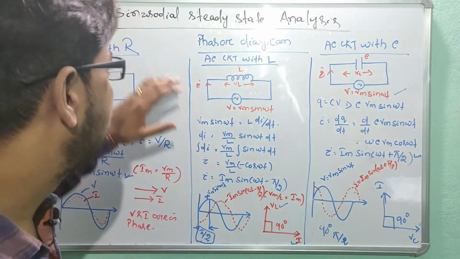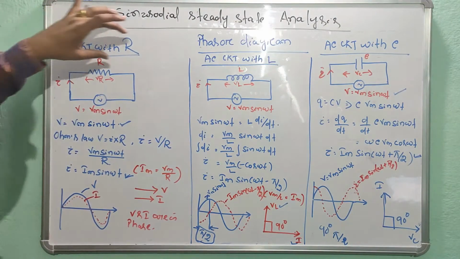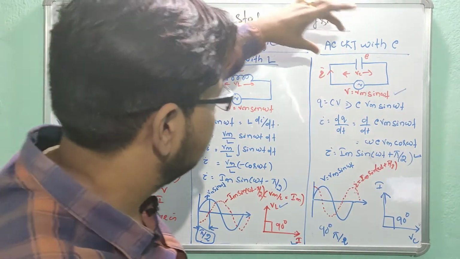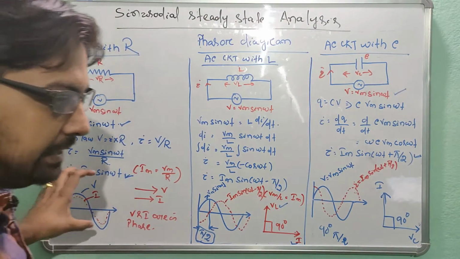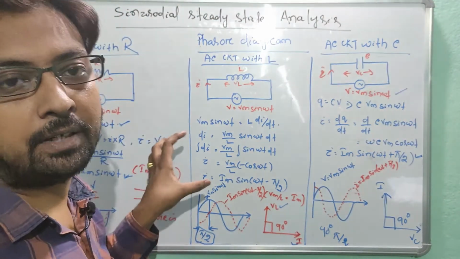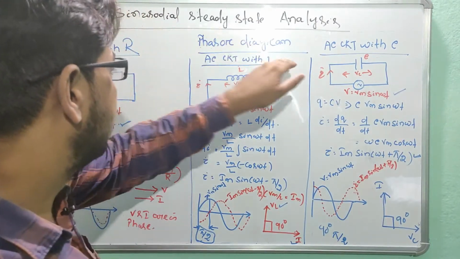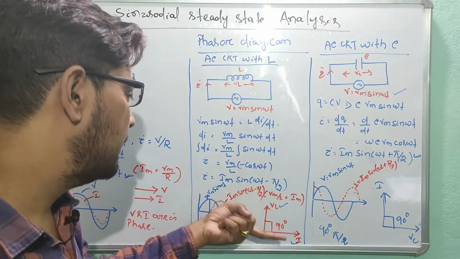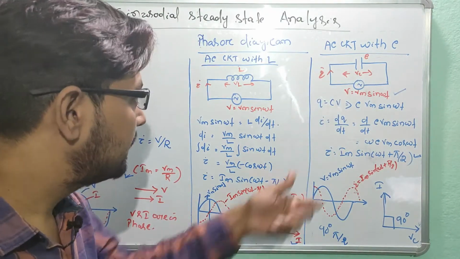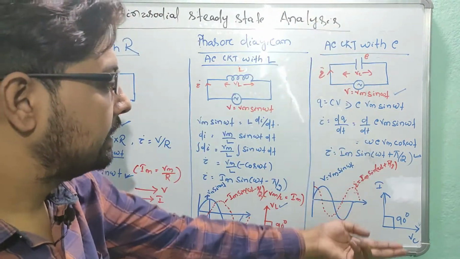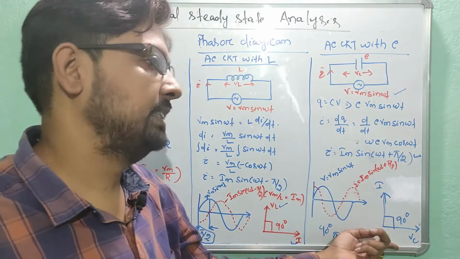This is the conclusion of the AC circuit with R, AC circuit with L, and AC circuit with C. For R, current and voltage are in phase, that is, the angle between them is 0. For L, the current lags behind the voltage by 90 degrees. For C, the current leads the voltage by 90 degrees.